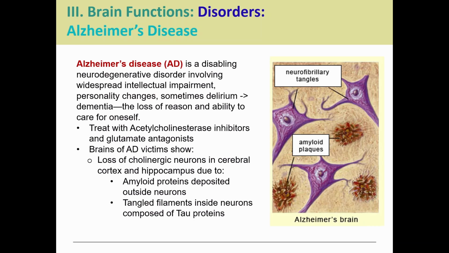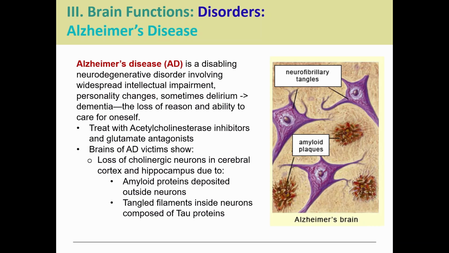We have medications that can help treat symptoms, that can help treat the disease. However, that is a treatment that will have to be ongoing. It doesn't necessarily stop Alzheimer's, it just slows the progression, and it definitely does not cure it. But things like acetylcholinesterase inhibitors and glutamate antagonists, those are things that we can utilize.